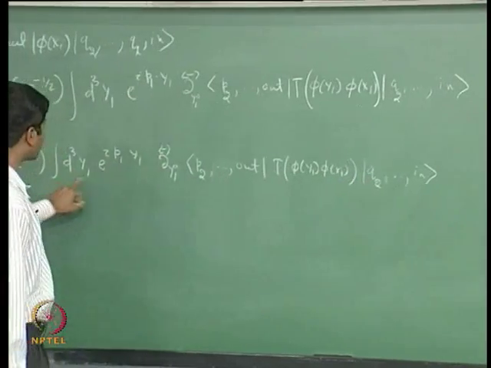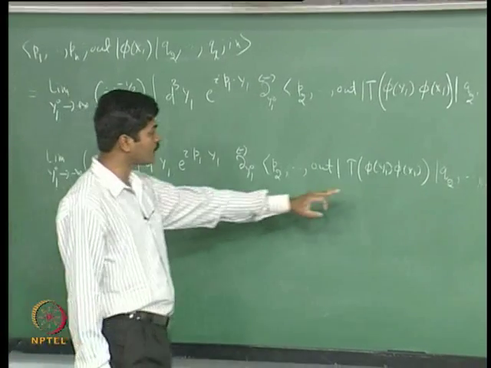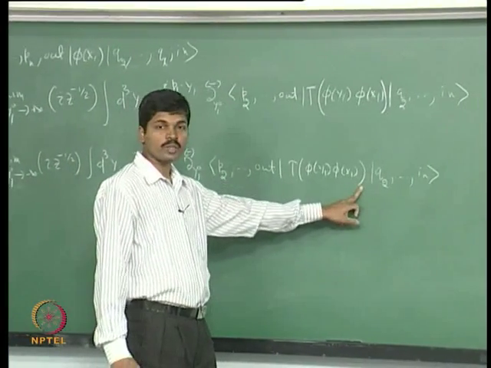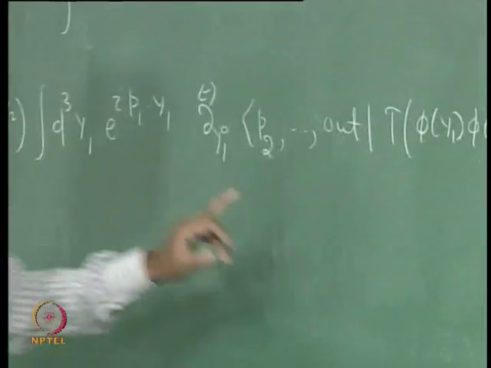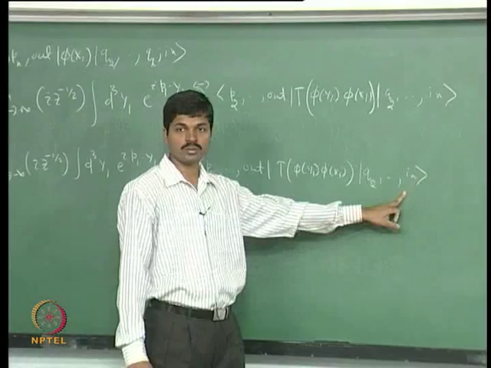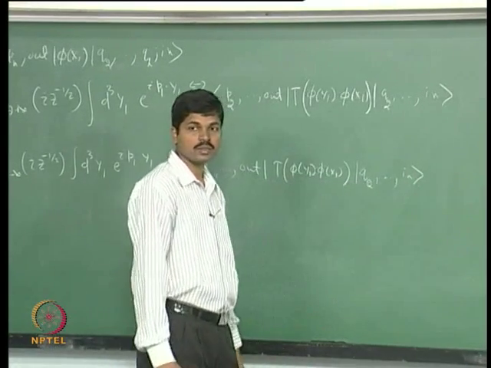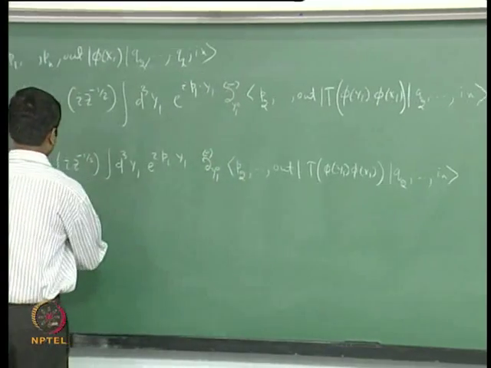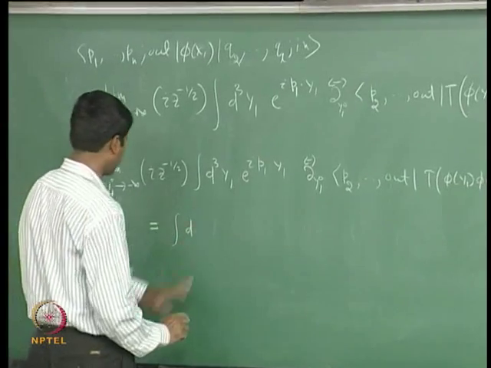Now, you can carry out this integration over d cube y1. When you carry out the integration over y1, what you get is a of p1 acting on this. So, this will annihilate one of these in states. Therefore, the integration will go away.